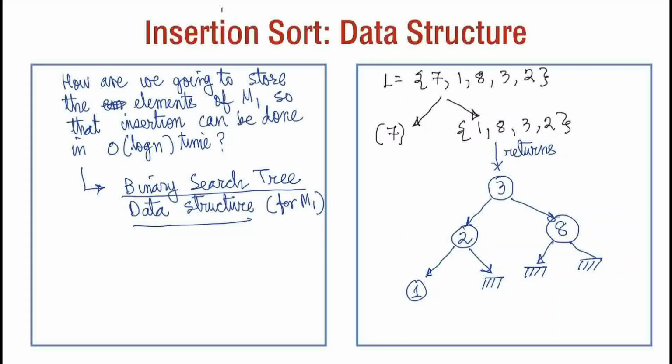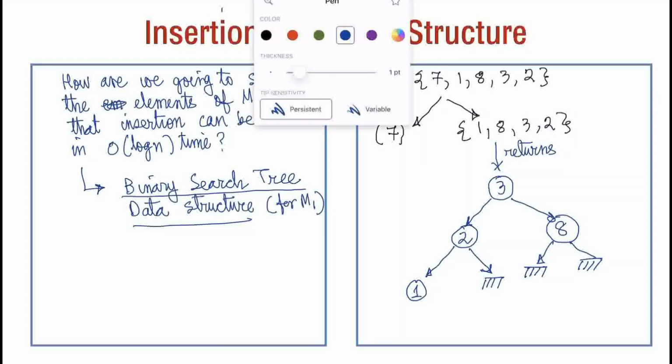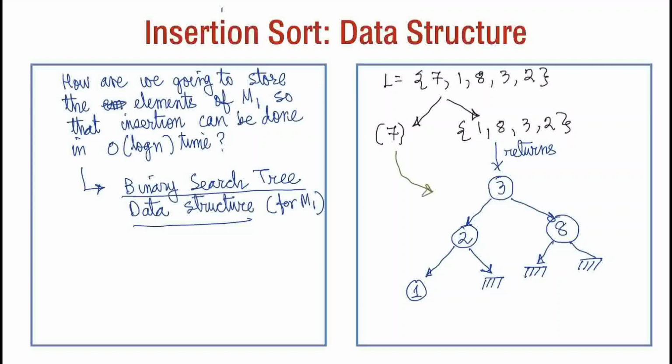Now my job is to insert this 7 inside here. So how will I insert in this binary search tree? I will check 3 with 7, and check whether it is equal or not. If it is equal, then I will just increment the count, noting that there is a duplicate element.